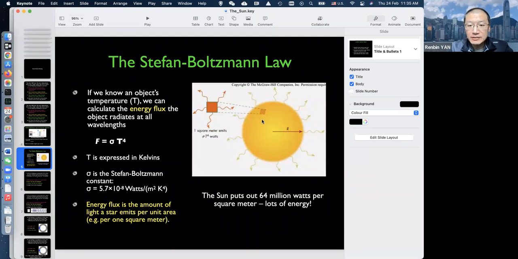When we say energy flux, it is per unit area. The energy flux is what you get if you cut out a square meter on the star, and that is how much light comes out of that area.